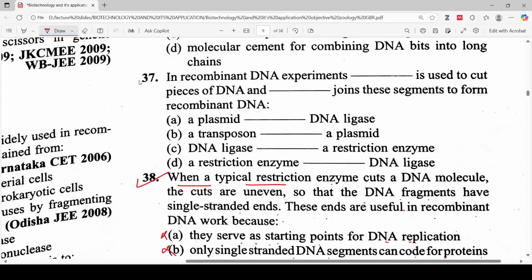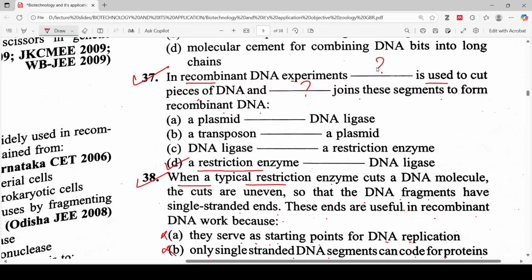Next question. Question number 37. In a recombinant DNA experiment, dash is used to cut pieces of DNA and dash joins these fragments to form recombinant DNA. So here option D will be the correct answer.